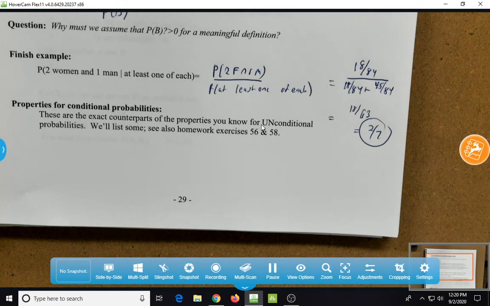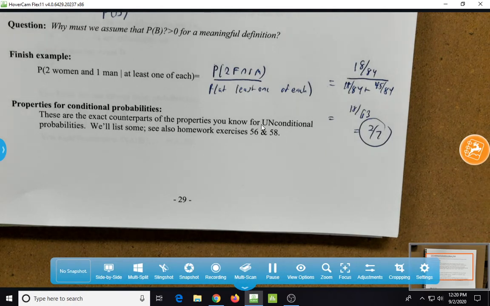I'm confused how you got the questions. Well, up above, we do have the 18 out of 84, right? That was given to you up there, and that was for 2 females and 1 male. And then I also have to take out how many ways could I have at least 1 male and 1 female?